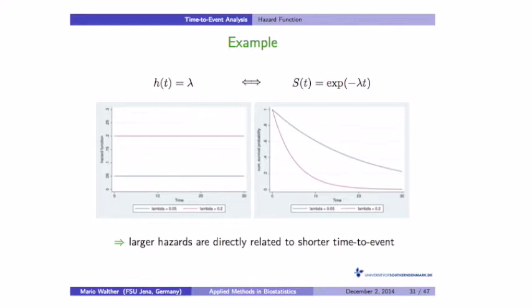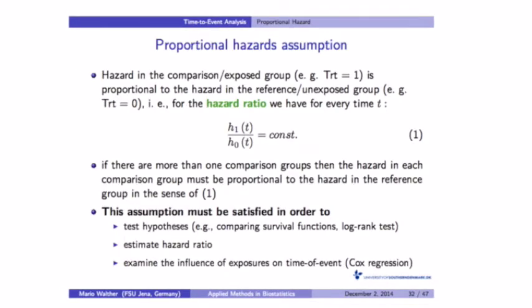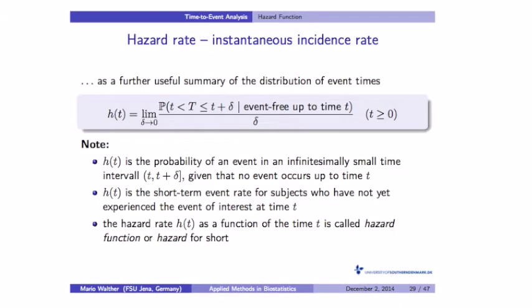No, it's a rate because you divide by the time. In the formula for the hazard rate, you have a probability divided by the time length. So the hazard rate isn't a probability, because it can take numbers greater than 1.